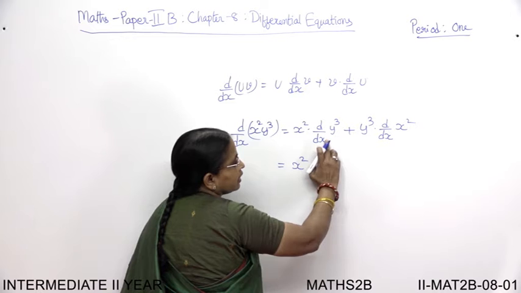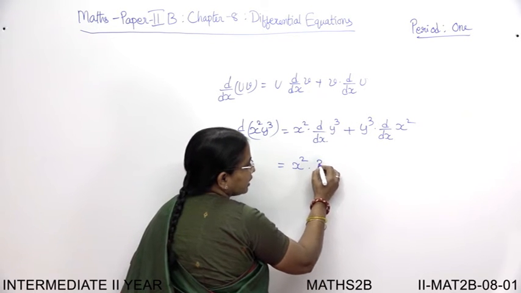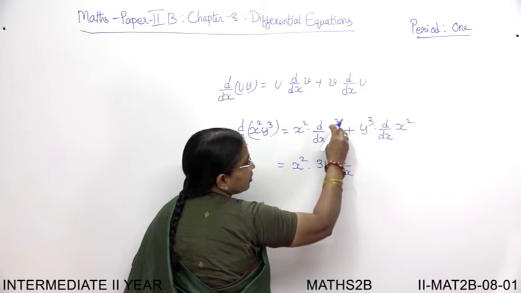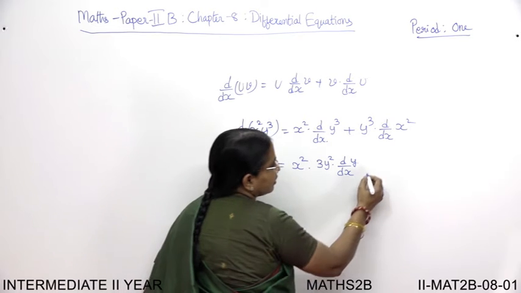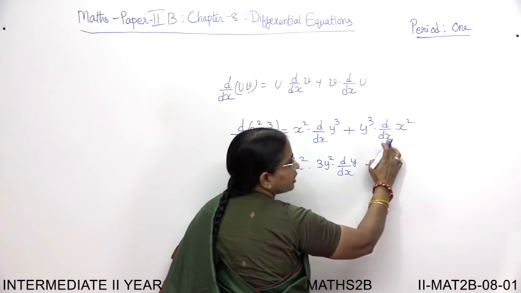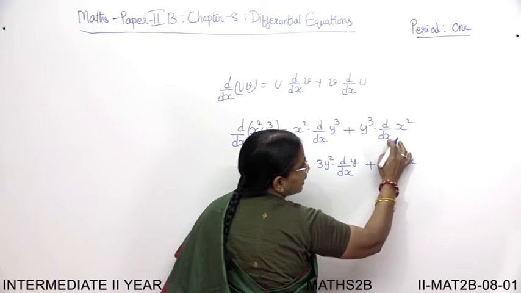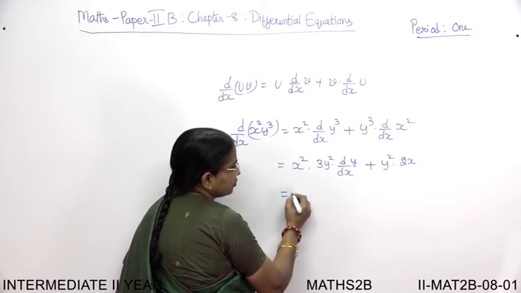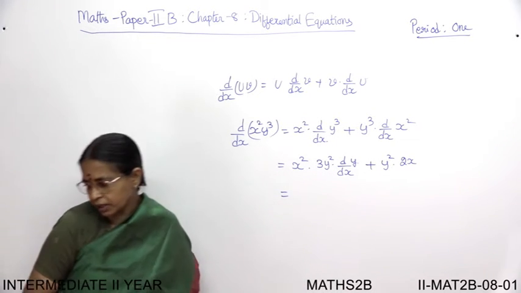It is not the same variable, so you write its ordinary derivative as 3y square into d by dx of the inner function, that is y, plus y square into the derivative of x square, which is 2x, into d by dx of x, that is 1. So like this we do, and then we simplify. This is about the product rule.